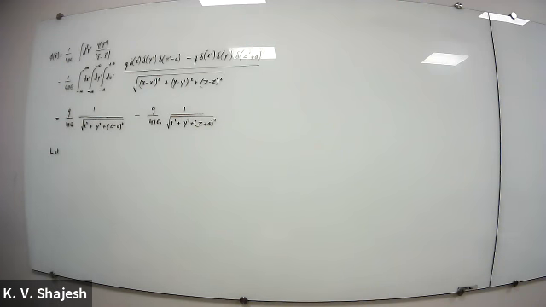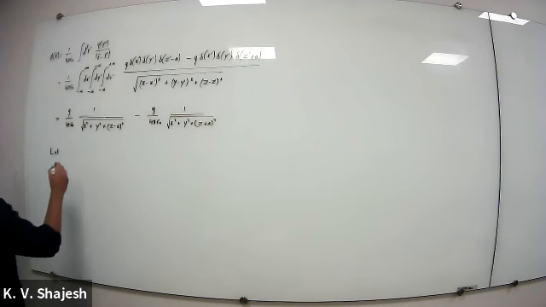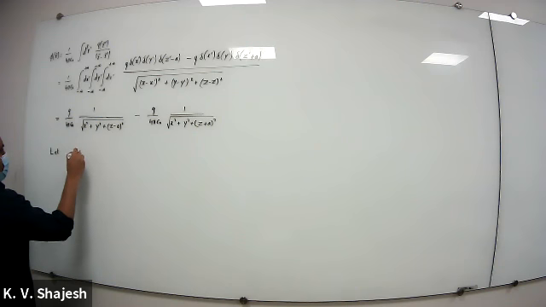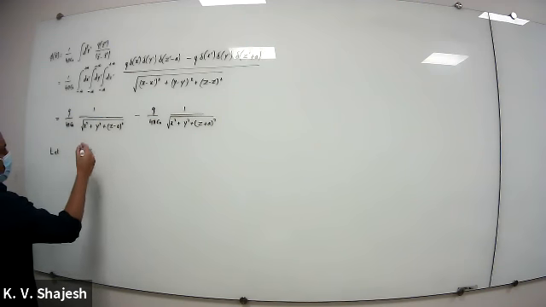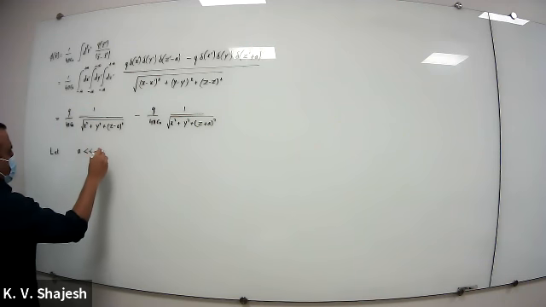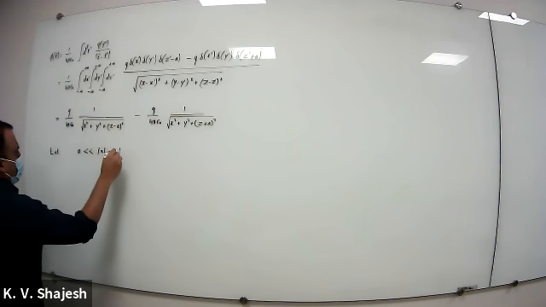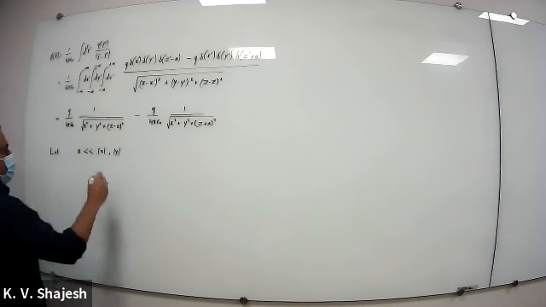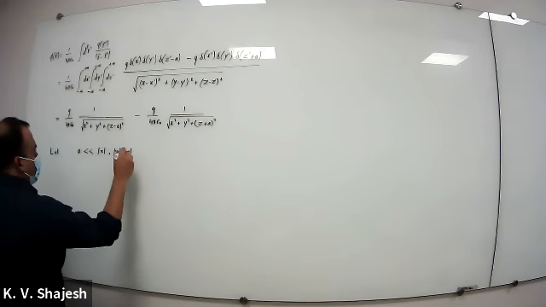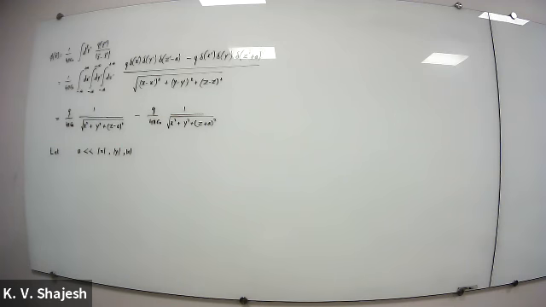These are the kind of approximations we will work with. So let the distance a be very much less than the magnitude of x, magnitude of y, and magnitude of z.